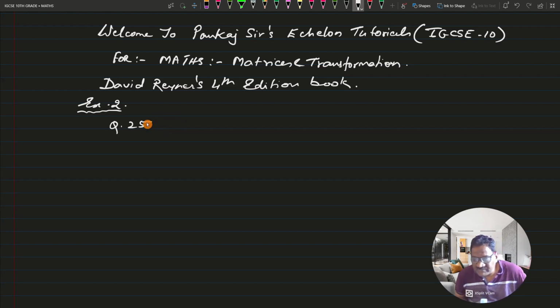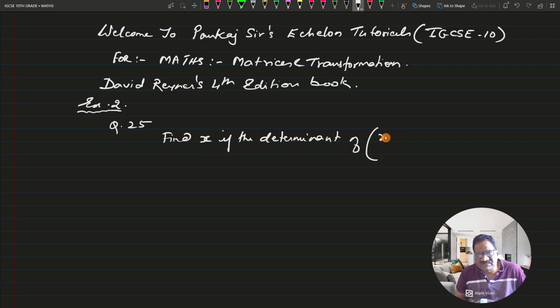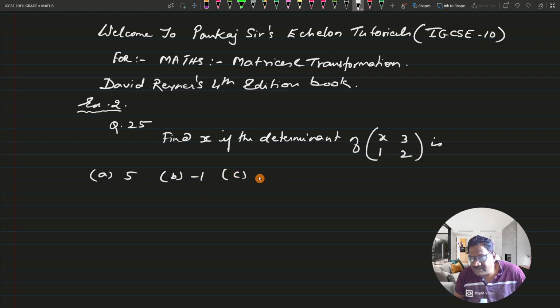Question number 25 says: find x if the determinant of the matrix x, 3, 1, 2 is (a) 5, (b) -1, and (c) 0.